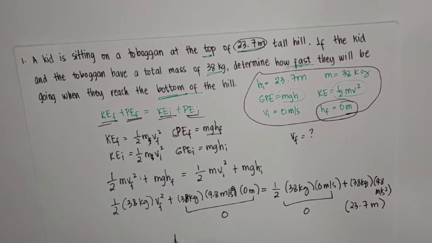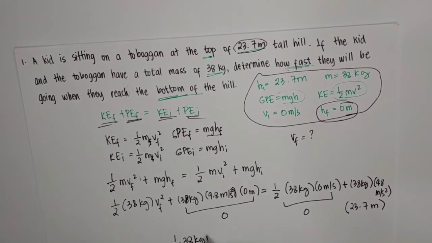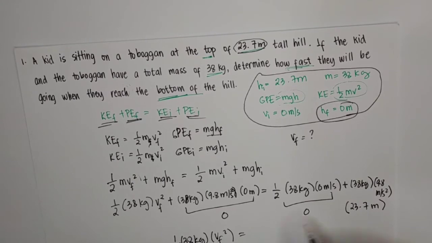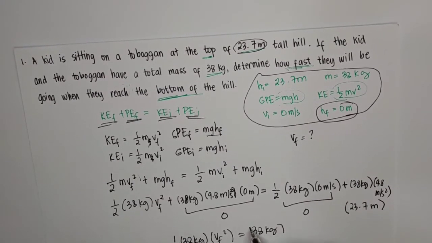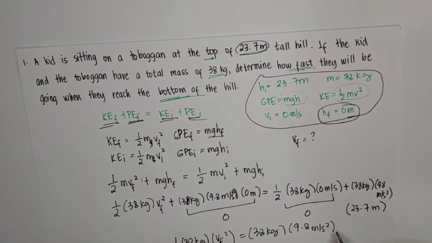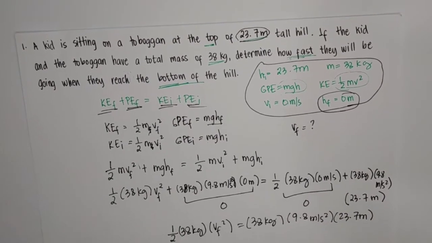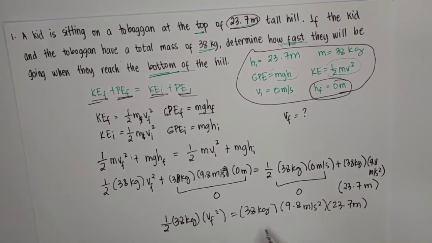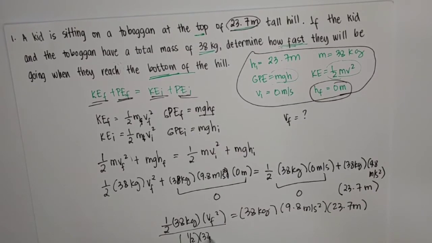So we have here 1/2 times 38 kilograms times our velocity final squared is equal to 38 kilograms times 9.8 meters per second squared times 23.7 meters. Okay, then, after that, divide natin ito by this one, 1/2 times 38 kilograms.